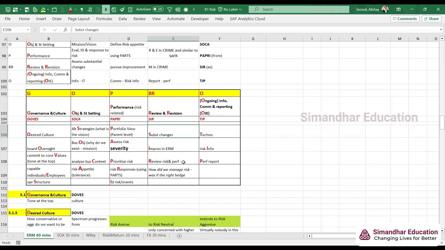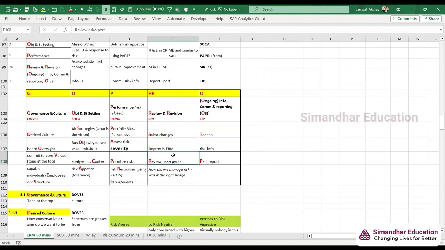Let's say, for example, we are going into an M&A, mergers or acquisition, or we might have directors changed, we might have the CEO, CFO changed, etc. Improvements in ERM: if any improvement is there in ERM, we also have to look at that.